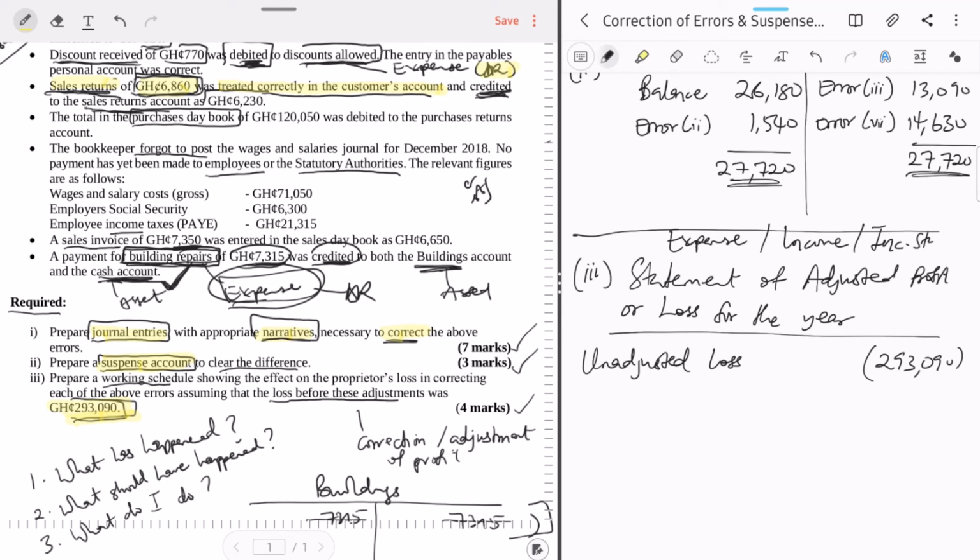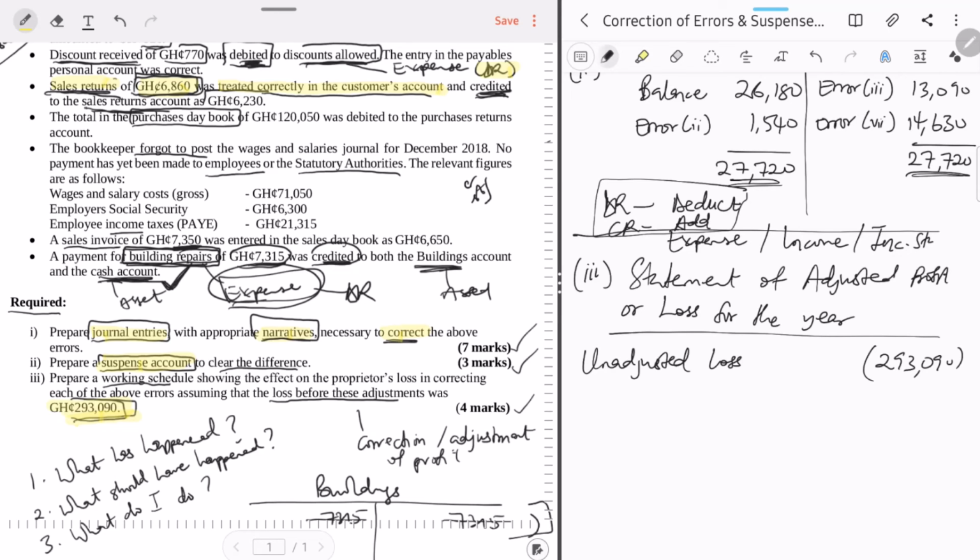That's number one. The next thing is, if that item is an expense, then what do we do? What you do is that if the correction was a debit correction, you deduct the figure from the adjustment. If it was a credit adjustment, you add. Just keep this in your head and you're good to go. I'll take that again.